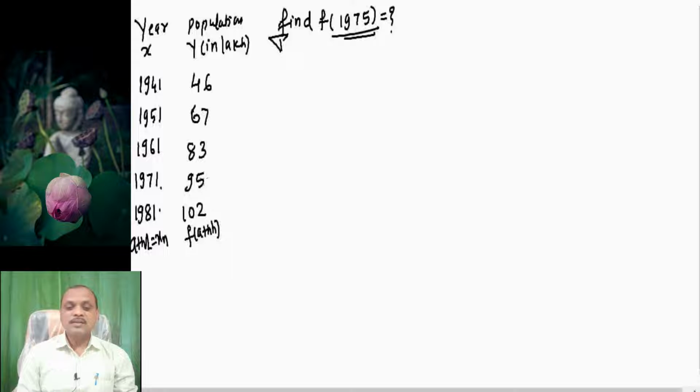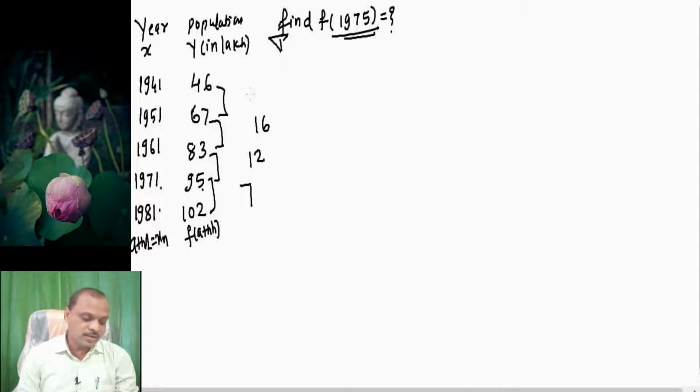So the backward difference is the difference of these two: f of a plus nh minus f of a plus (n minus 1)h. 102 minus 95 is 7. 95 minus 83 is 12, 83 minus 67 is 16, and 67 minus 46 is 21.